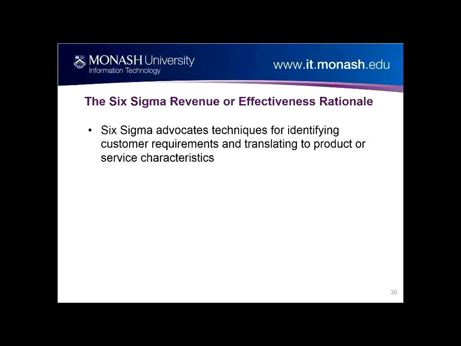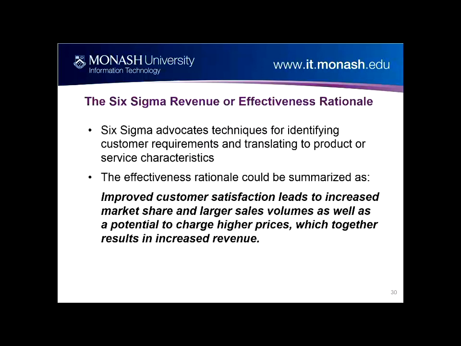Okay, let's move on. So effectiveness is improved customer satisfaction, leading to an increase in market share and a larger sales volume, as well as the potential to charge a higher price. If you are happy at a restaurant and the service is so good, you tend to give them more tips. If I'm not happy, I wouldn't even bother to give you tips.